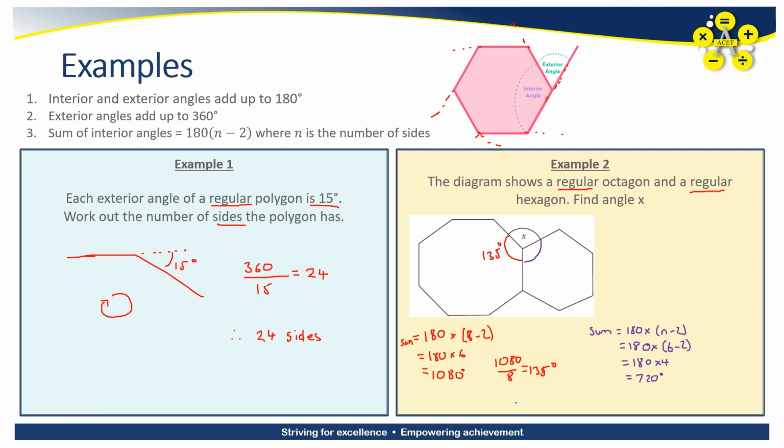Now again, I don't want all of them. I'm only interested in what one of them is. So I'm going to go 720 divided by the 6 angles in the hexagon gives me an answer of 120 degrees. I'm just going to label that on there.